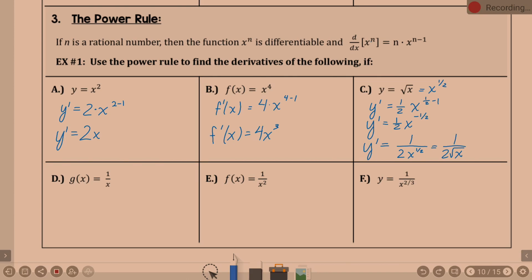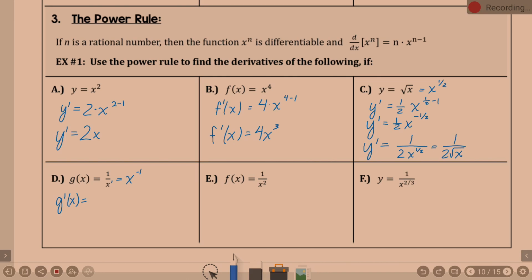Okay, D. g of x is 1 over x. So I want to know g prime of x. Yeah, so realize before you get started, 1 over x is x to the negative first. Yes? Are we all there?